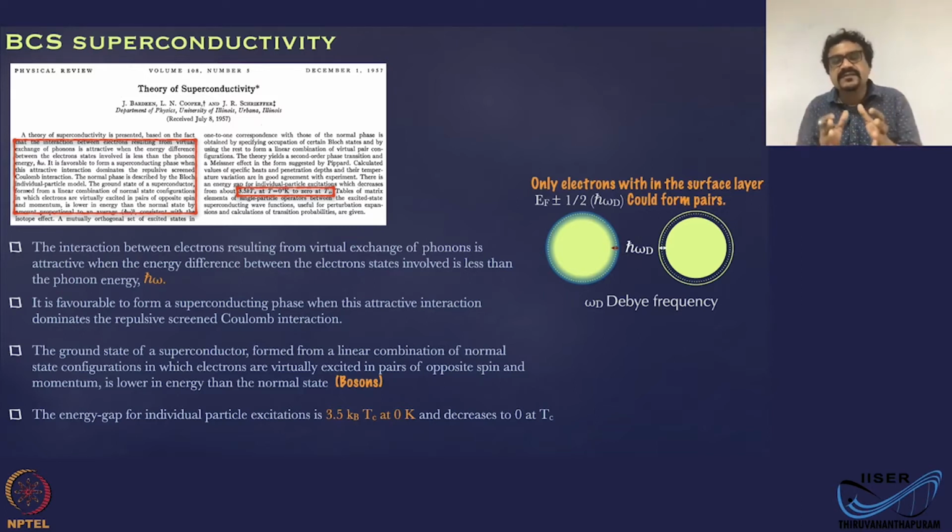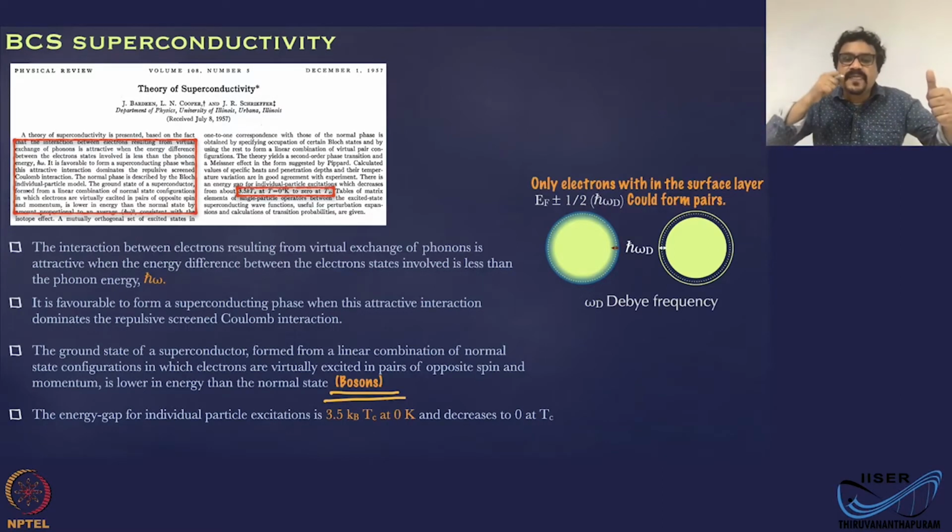And this combined state will have a much lower energy compared to the total energy of the individual states. And of course, when you combine two spin states, it doesn't matter which way, you always will get a boson, because you have two half integer spins, and when you combine, you always will get an integer spin. So the combined state will always be a boson. And all these bosons would like to condense onto one state, that is the ground state.